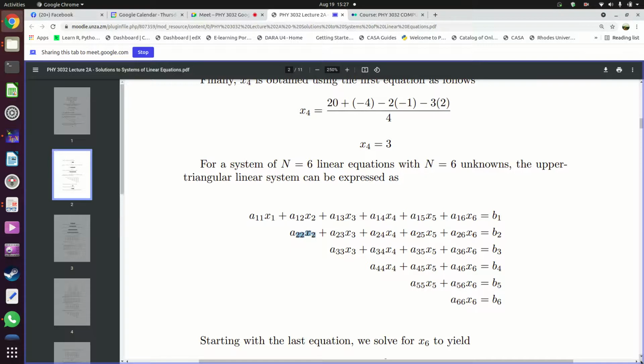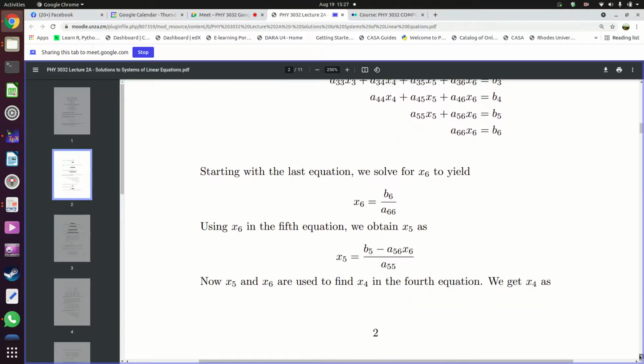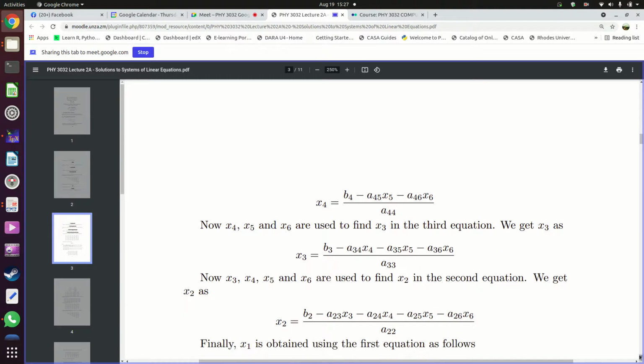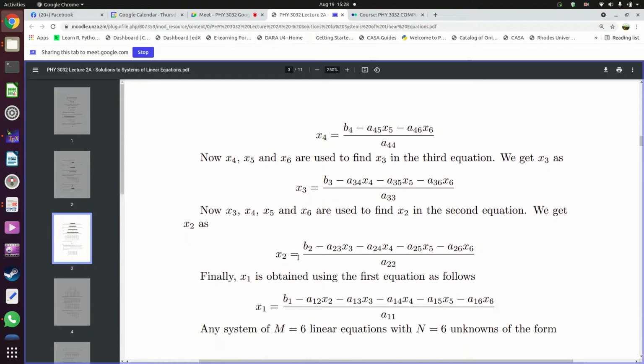So you end up with your x2 being equal to b2 minus a23 x3 minus a24 x4 minus a25 x5 minus a26 x6 divided by a22, like this.